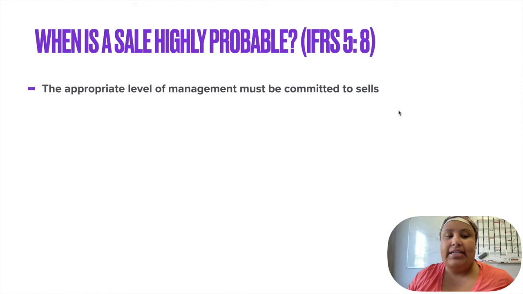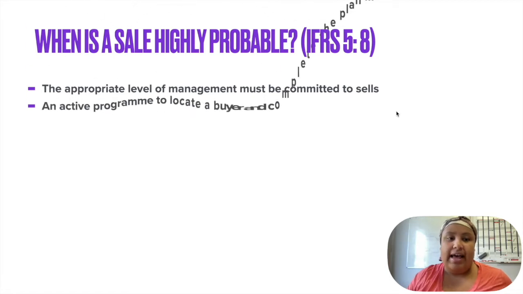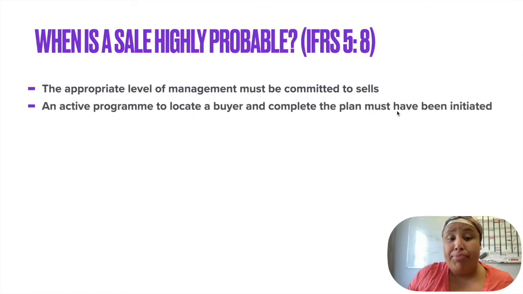Okay, so the first criterion is that the appropriate level of management must be committed to selling the asset. There must also be an active program to locate a buyer and to complete the sale plan, and this program must already have been initiated.